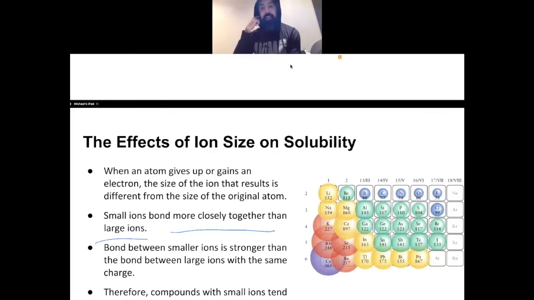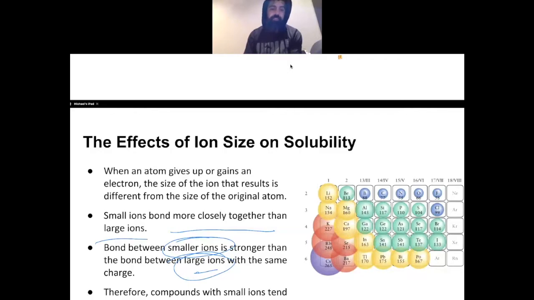Small ions bond more closely than large ions, right? Because small ions have a closer connection with the nucleus. Bonds between smaller ions are stronger than the bonds of larger ions with the same charge. So if you've got a smaller ion in terms of radius size next to a larger ion, even though they both have +1 charges, they will not have the same type of bond.